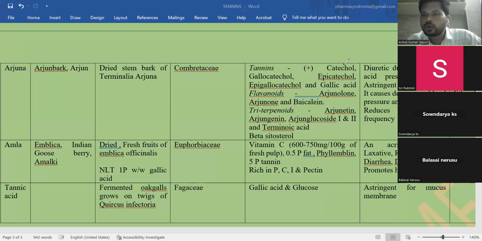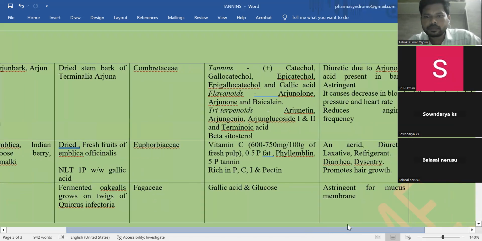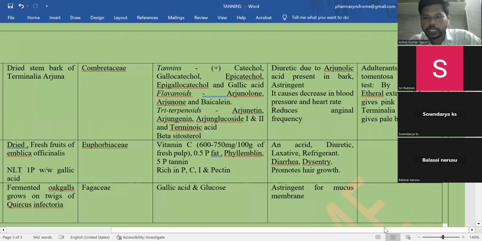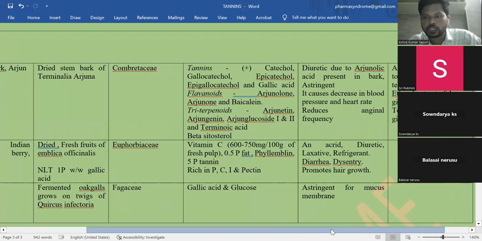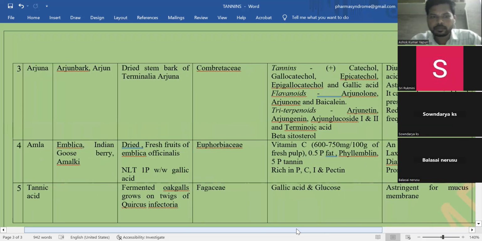So can you name some drugs which can cause hirsutism? Like minoxidil. Minoxidil is generally an antihypertensive drug, but it can increase unwanted hair. And even some drugs like phenytoin may also cause hirsutism.